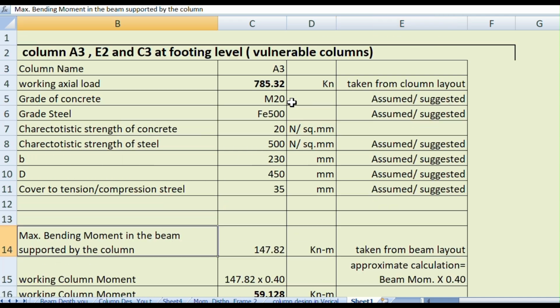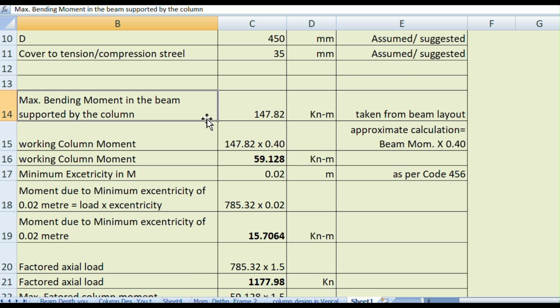Now we are going to the design aspect. The maximum bending moment in the column is the main thing required to be found out. For this we have already taken a conclusion that the bending moment on the beam which is supported by the column, multiplied by 0.4, or 40% of the maximum bending moment available on the beam, is taken as the column bending moment.